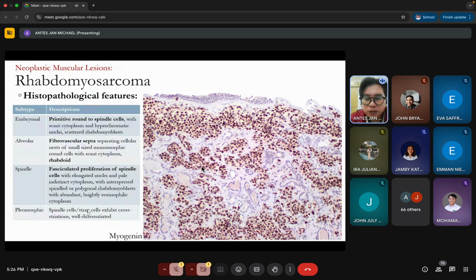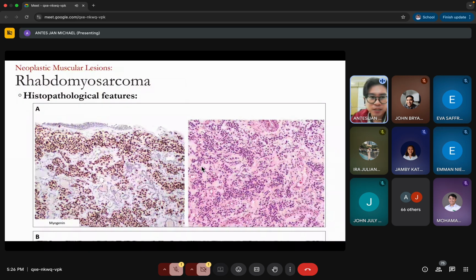This is actually one helpful way of using IHC to differentiate embryonal from alveolar, because sometimes when we process the tissue, you cannot really say that the fibrovascular septa is still intact because of how it was processed. So doing myogenin or any IHC stain positive for skeletal muscle would indicate that if there are some spaces that are not stained with IHC, then that's confirmatory that there is a fibrovascular septa.